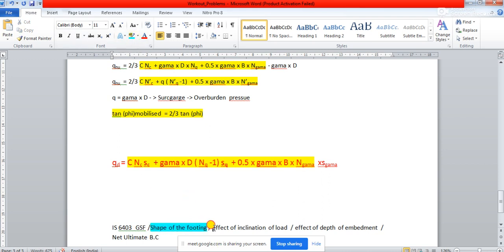Now if I want to include the effect of inclination of load, exactly the same way Terzaghi has introduced these three factors for shape, we will have to introduce another three factors.